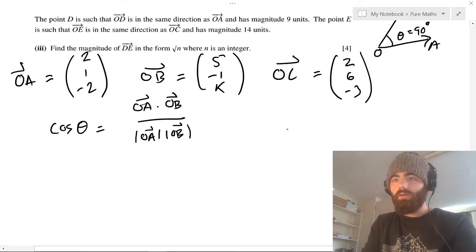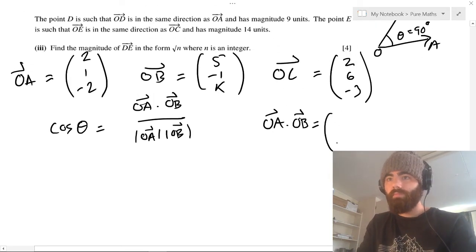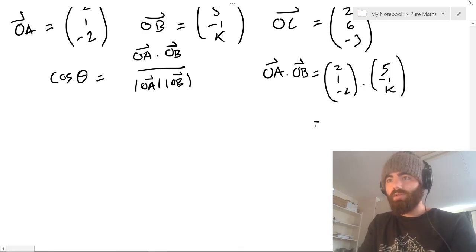So OA dotted with OB equals 2, 1, negative 2 dot with 5, negative 1, k, which gives us 10 minus 1 minus 2k, which is 9 minus 2k.